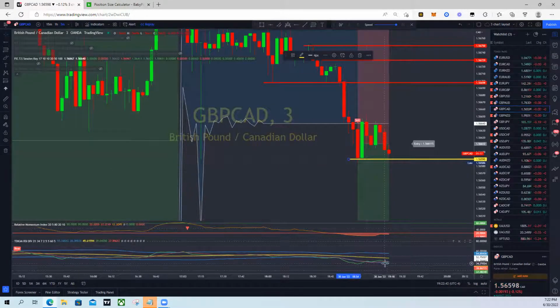Sometimes that does happen. If you miss that run, it's cool. You'll catch another one. But I don't want you to get discouraged when you get this sell signal and then it pulls back into the zone, and this is only about 6 pips in drawdown. So it's not like you're sweating bullets.